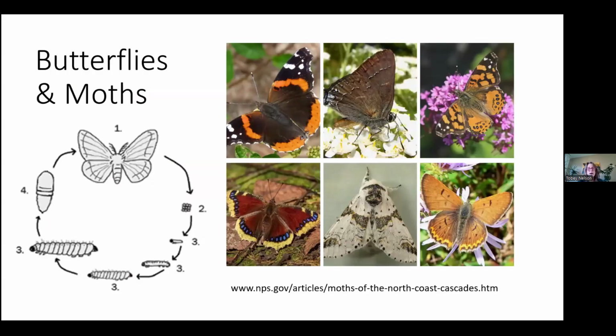When we talk about butterflies and moths, this is when being mindful of the life cycle really becomes important, because the way that we behave in our gardens affects all of them, but particularly the egg cases.